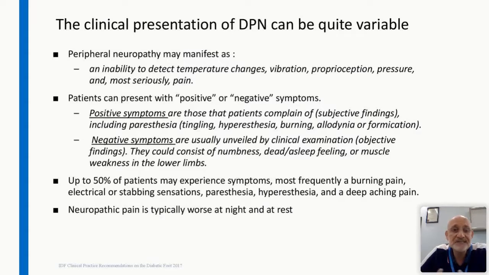And some people may present with nothing, just no symptoms, no pain. And those are the people you really have to pick up on clinical examination. This is why it's very important that we examine the feet of diabetic patients on a regular basis. And as mentioned to you before, half of the patients normally present with burning sensation, and the other half may present with no symptoms at all.